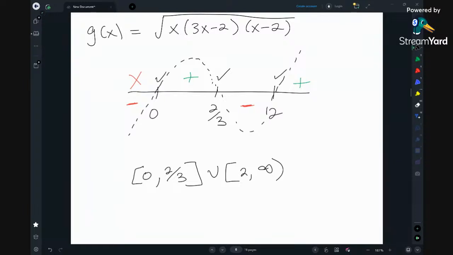Alright, so this equation is the same as this function. Can I input the same thing? 7 minus 7 makes 0. What's the square root of 0? 0. So 7 is allowable. Can I put 8? No, you have a minimum.